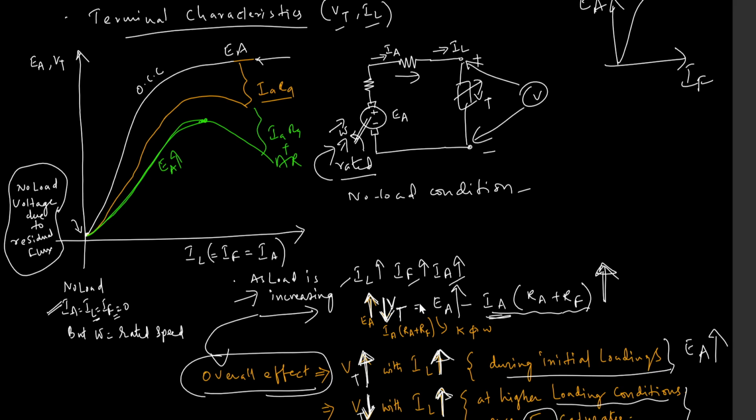Beyond this, due to core saturation, the EA is not predominantly increased even for an increase in IA, but the armature reaction increases and the IA RA drop increases, and the net terminal voltage tries to come down, right?